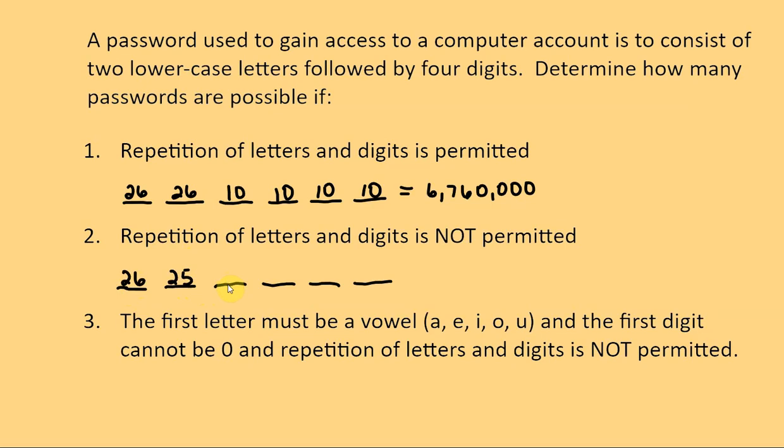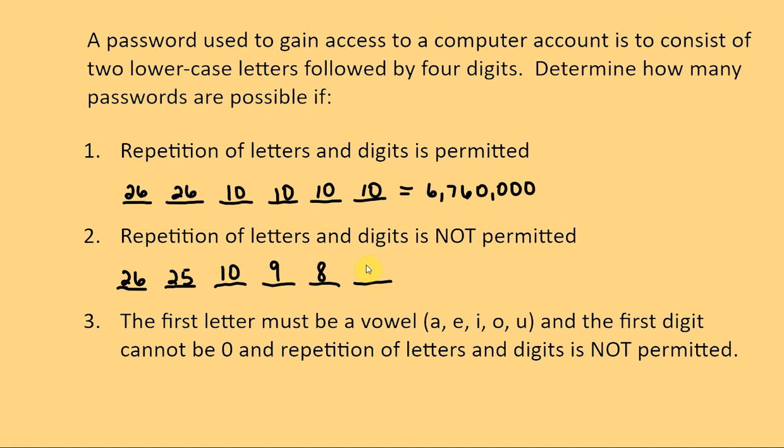The next position is a number. For that first number position, we have 10 choices of numbers. In the second position of the digits, we now only have 9 numbers left to choose from. In the third one, we've already used one number here, so now there's only 8 numbers left to choose from.